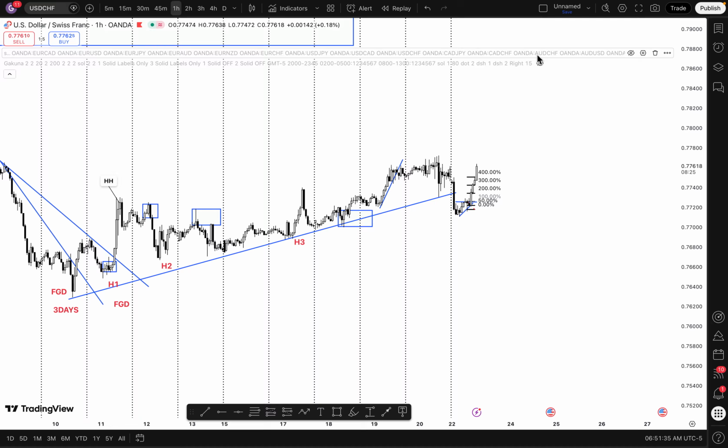We had a reversal in gap time in Asia, but let's take a look at our indicator.